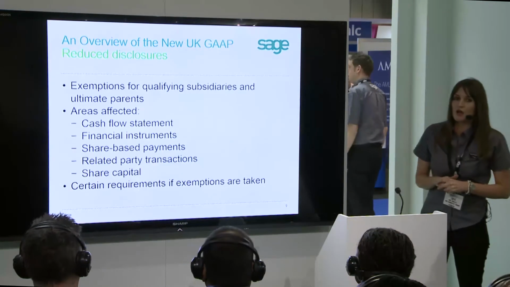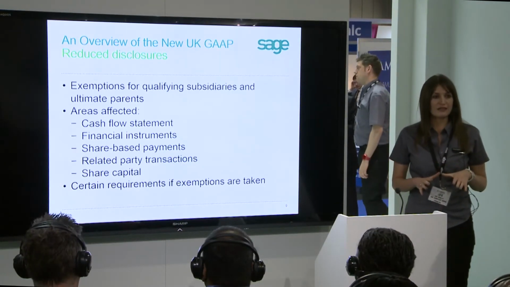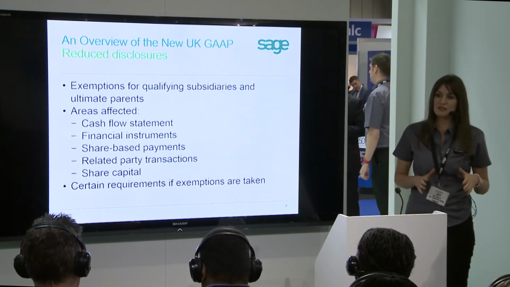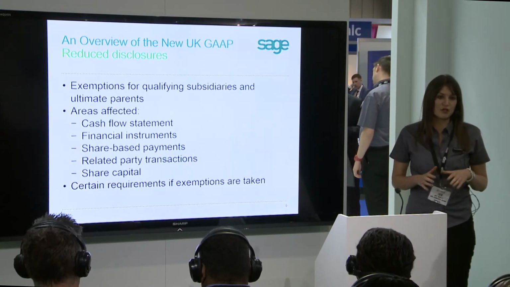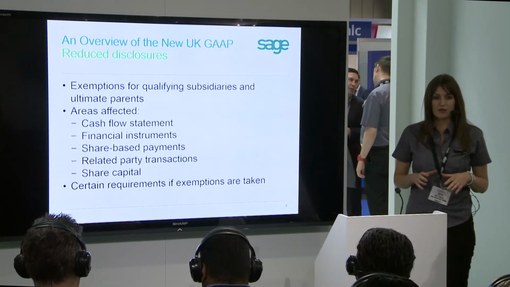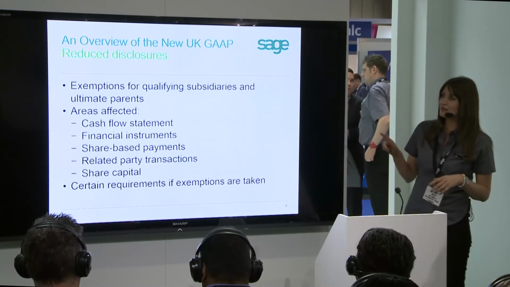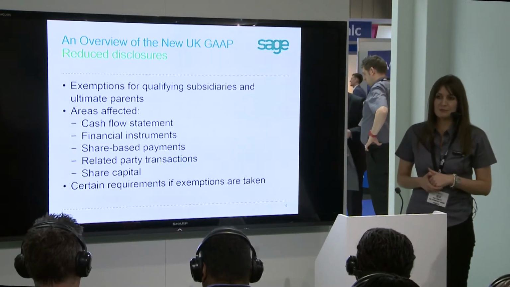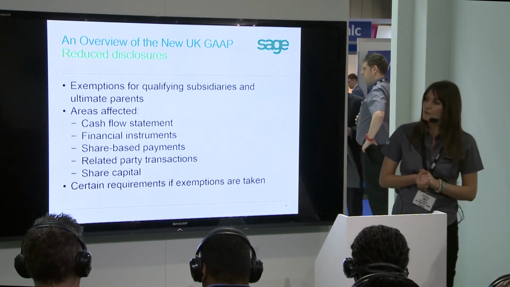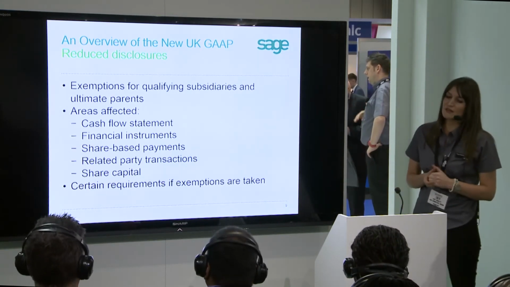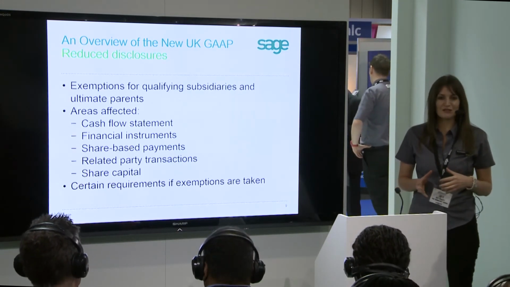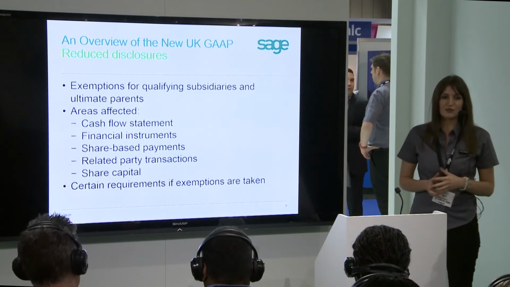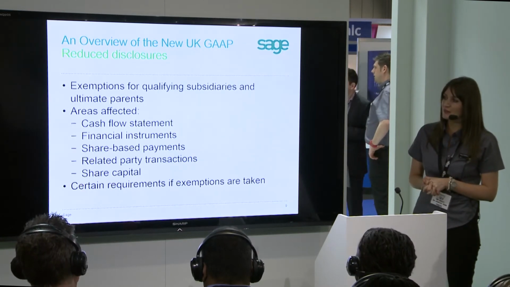So under FRS 1, currently, if you're a small company, you don't need to include a cash flow. Under FRS 102, you have to include a cash flow, irrespective of size, unless you qualify for this exemption. So that's something that, again, could be quite a big difference in your accounts. If you don't qualify, you will need to include a cash flow statement.